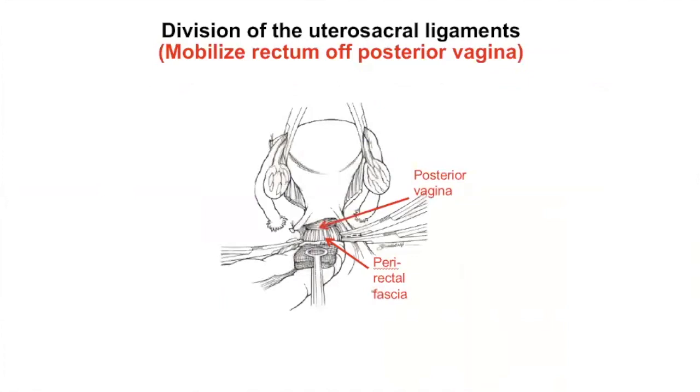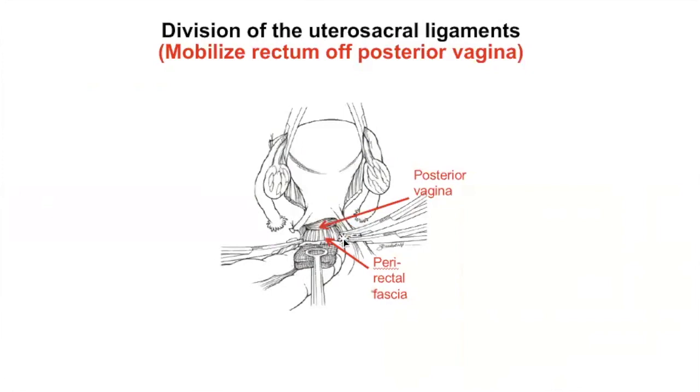Once this space is open between the rectum and the posterior vagina, which is called the rectovaginal space, the posterior vagina is bluntly separated from the pararectal fascia using a sponge tip or either the surgeon's fingers. When this occurs, the uterosacral ligaments can then be identified, and they are isolated, clamped, and divided close to the rectum.